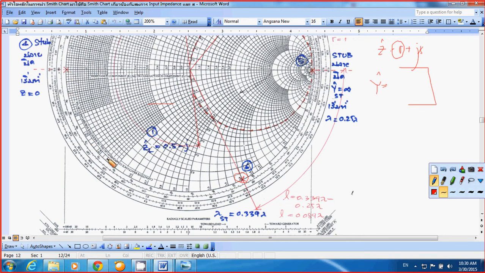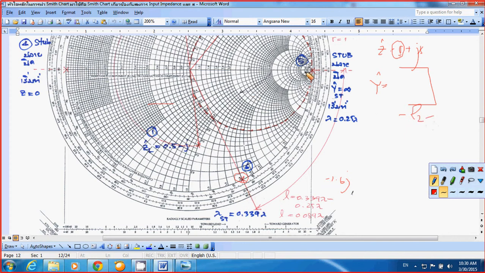Because you just move around the outer part of your circle here. You never change your real part. You can change only your imaginary part. And this is what you are looking for: negative 1.6j. That will give you the proper length on the Smith chart to make the transmission line match, and this gives you L2.